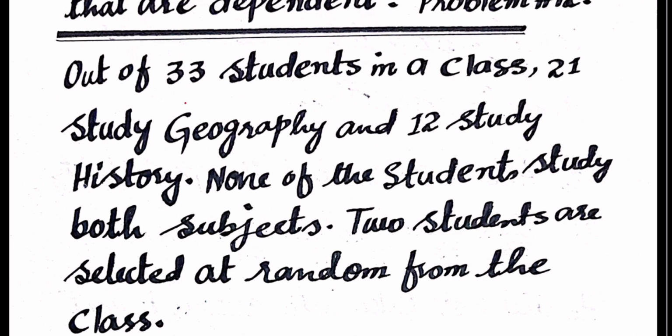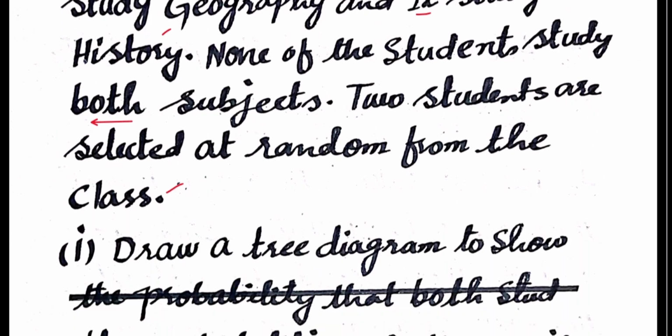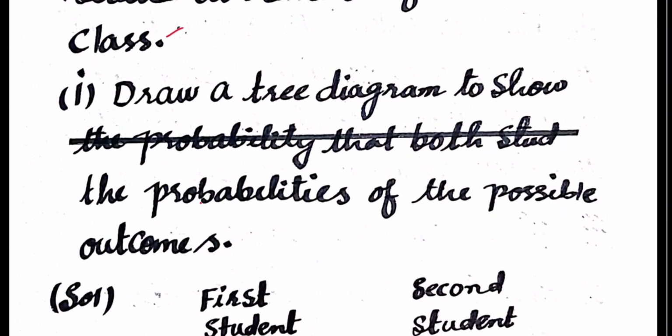It is given that out of 33 students in a class, 21 students study geography, 12 students study history, none of the students study both subjects. So there is no intersection here. Two students are selected at random from the class. Draw a tree diagram to show the probability of the possible outcomes.